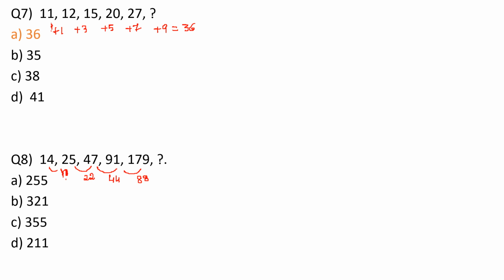So that is 11, 11 into 2 is 22, 22 into 4 is 44, 44 into 2 is 88. So as per this, the next difference should be 88 into 2, that is 176. So your answer should be 179 plus 176.